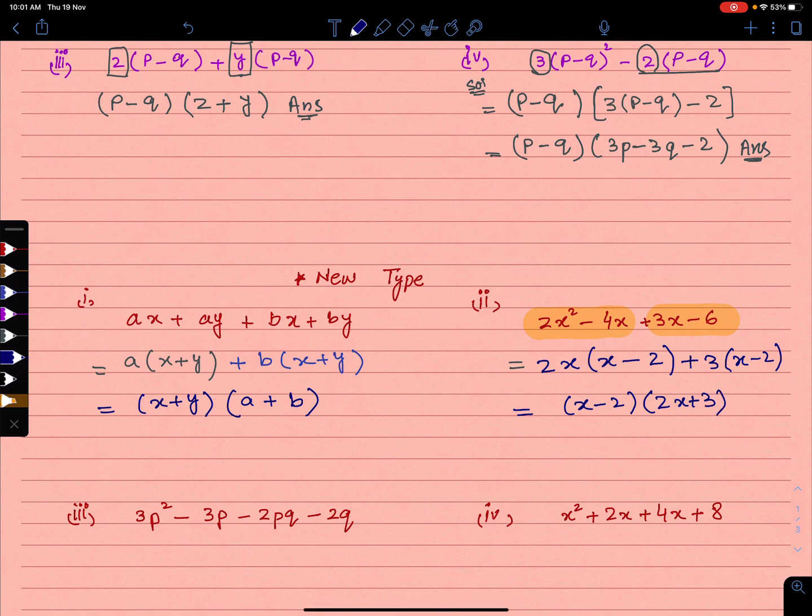Okay, so if I explain this step, this I write 2x common, it means we have to divide 2x inside the bracket. So inside the bracket we have 2x square minus 4x divided by 2x and divided by 2x. When I divide 2 cancel, x will minus x.